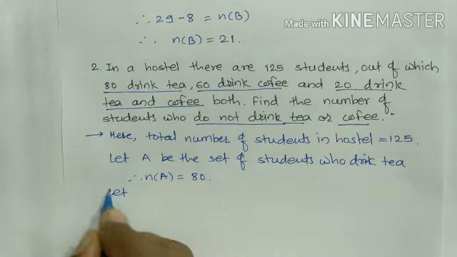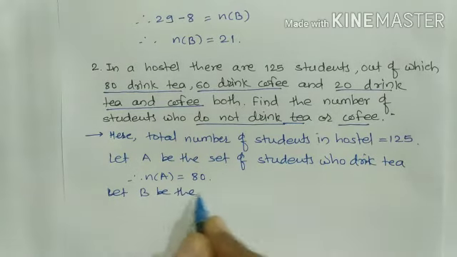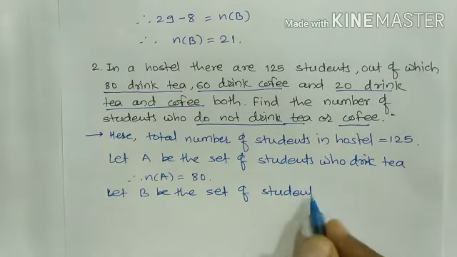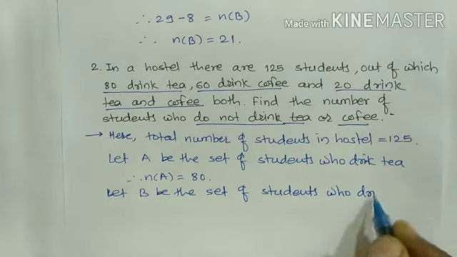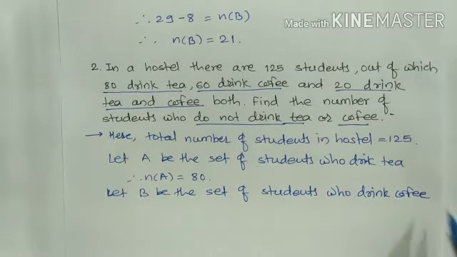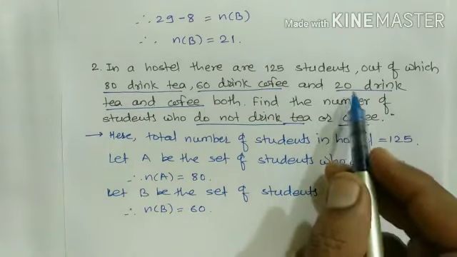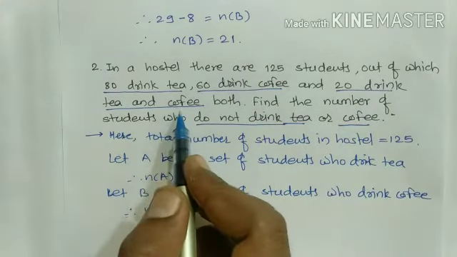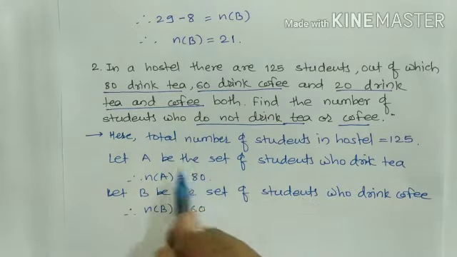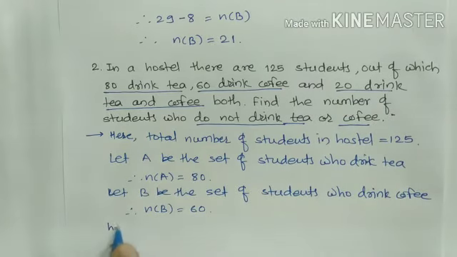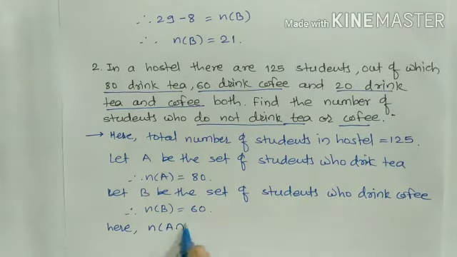Then let B be the set of students who drink coffee and therefore number of B equals to 60 here. And here it is given that 20 drink tea and coffee. It means that the number of common elements in the set A and B is 20. Therefore here number of A intersection B equals to 20.